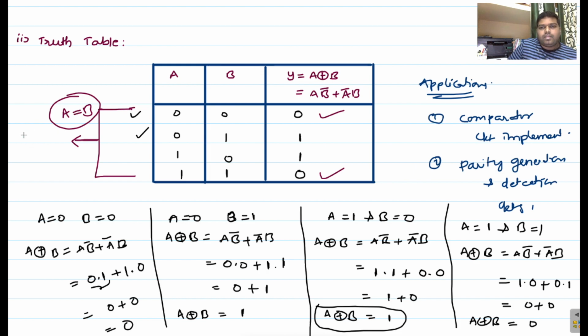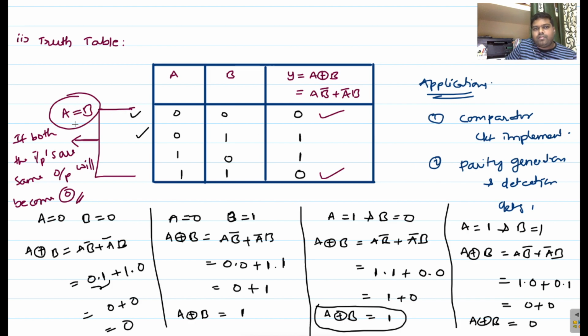Here I'm writing, if both the inputs are same, output will become 0, otherwise logic high.